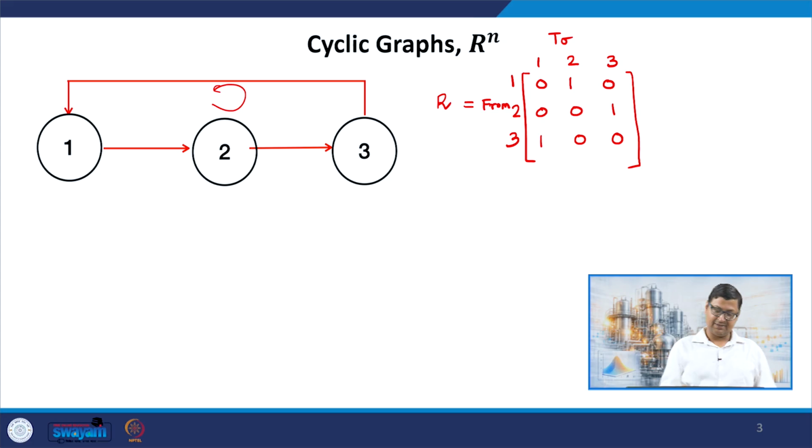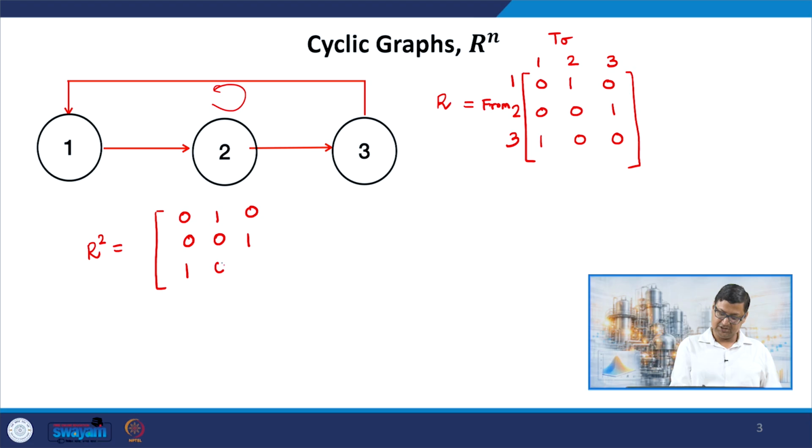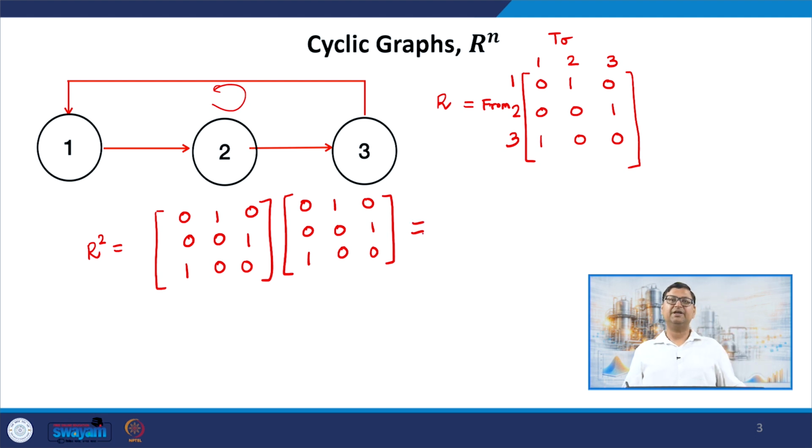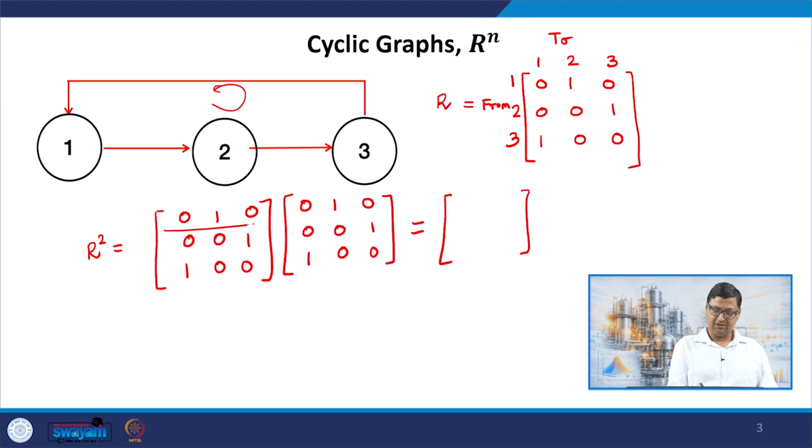And R square is therefore R into R: 0, 1, 0, 0, 0, 1, 1, 0, 0, the same matrix. Now I will do matrix multiplication as usual. So let us say for the first row in the new matrix, I am going to see whether the second element is 1 here.